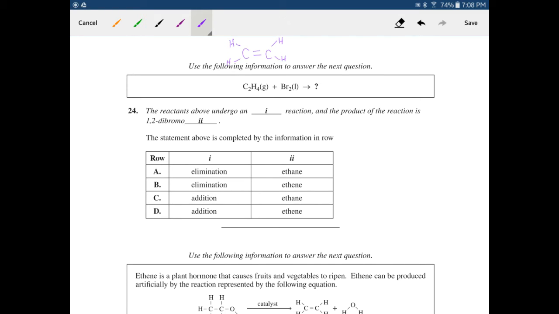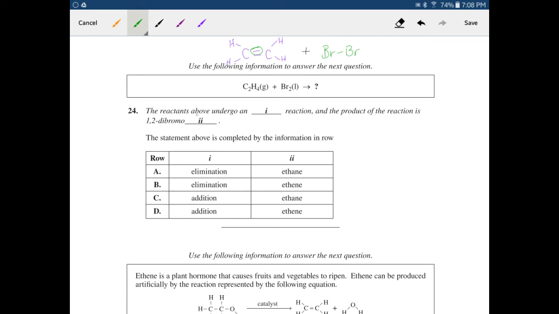And when I have a plus sign and I have a halogen, I'm guessing I am going to undergo some sort of addition reaction. Now, generally what I would expect is that if I have my bromine, which is Br2, like this, I'm going to break this bond here and add my bromine in an addition reaction. Now, that's just a hunch as to what this question is asking, but let's take a look.